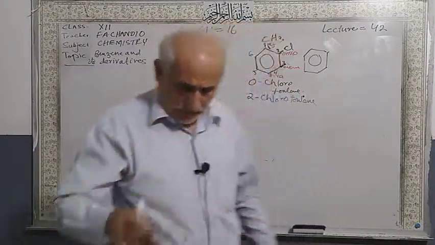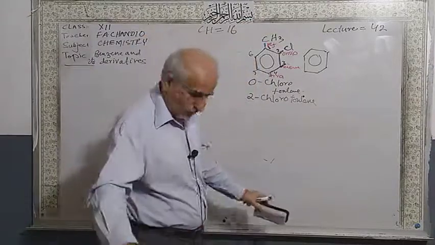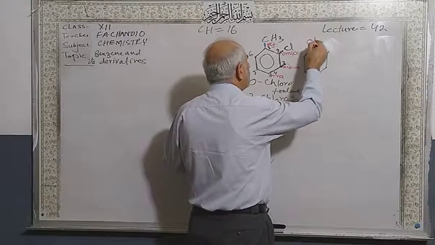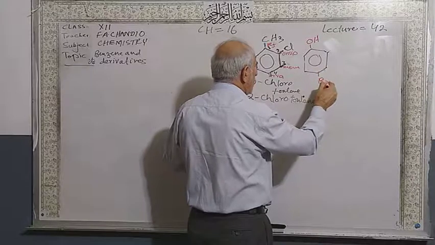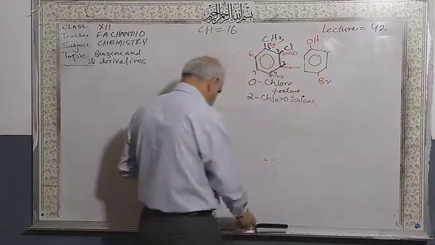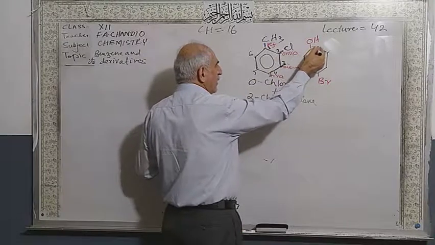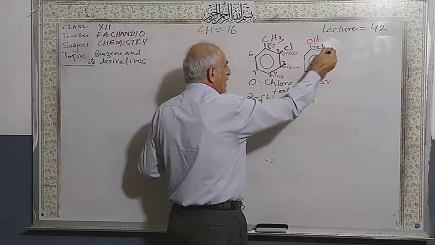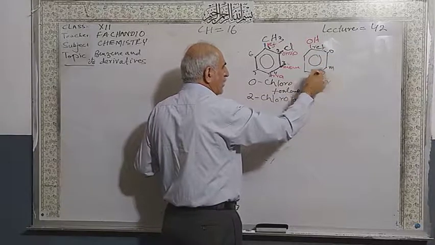And if you put an OH group here, and here suppose bromine. This is a reference point, the more reactive site, and this is the ortho position, this is the meta position, and this is the para position.